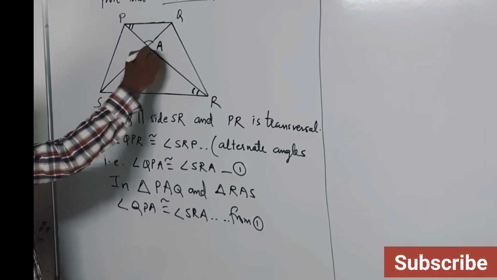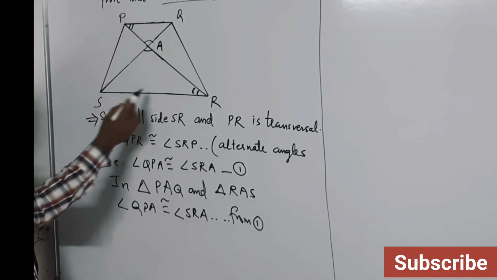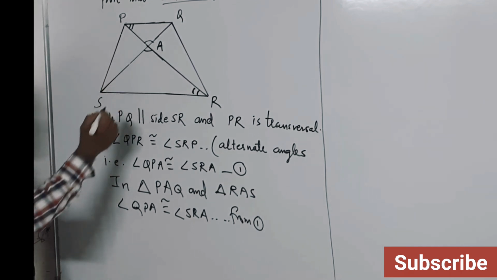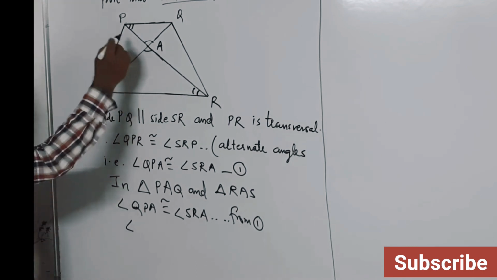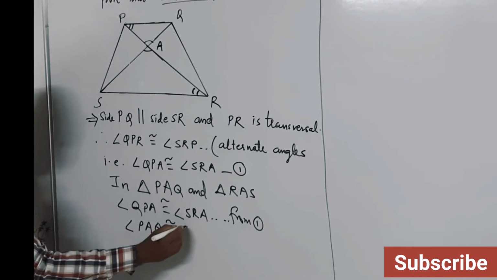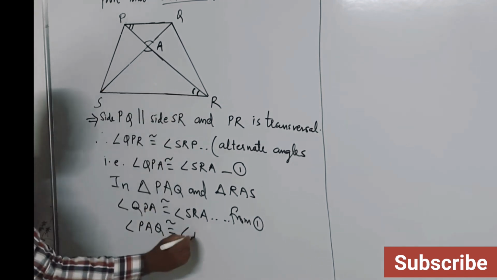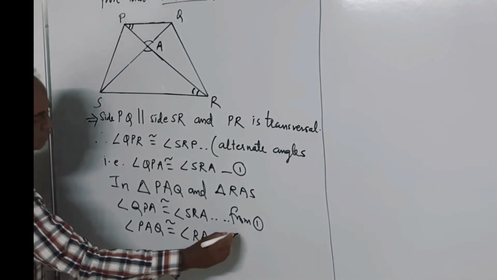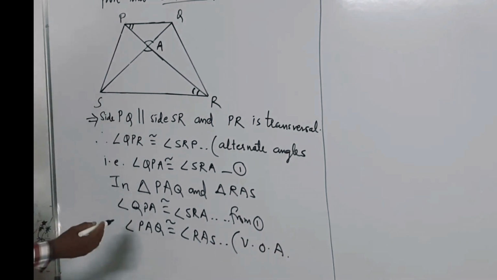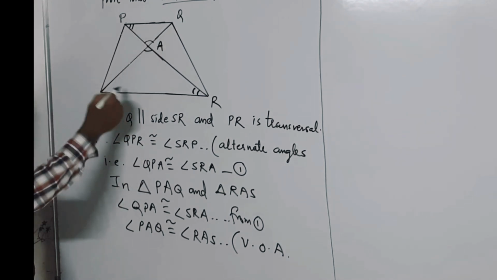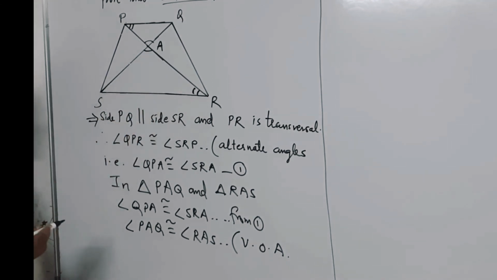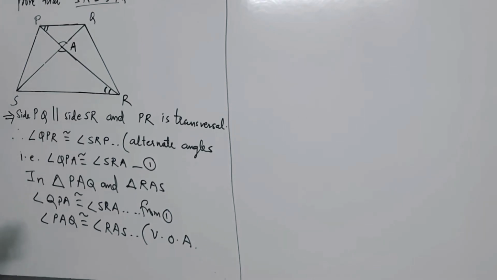Now angle PAQ is congruent to angle RAS. These are vertically opposite angles, and vertically opposite angles are congruent. Therefore, in triangle PAQ and triangle RAS, since two angles of one triangle are congruent to the corresponding angles of another triangle, these two triangles are similar.